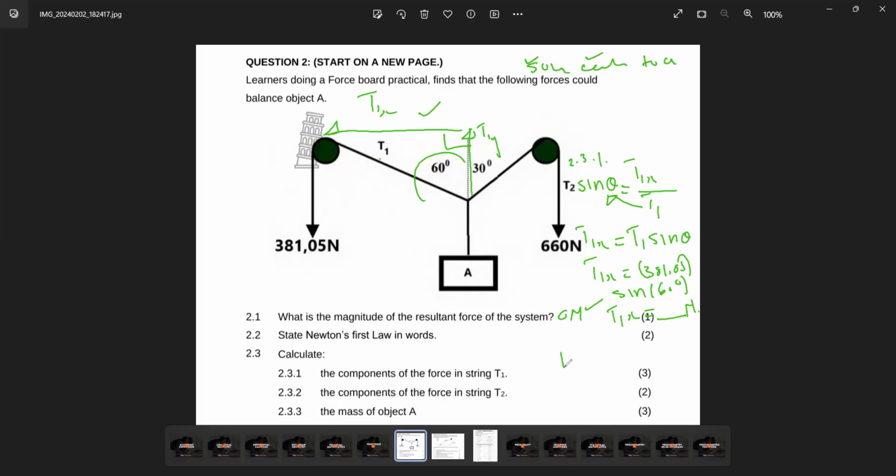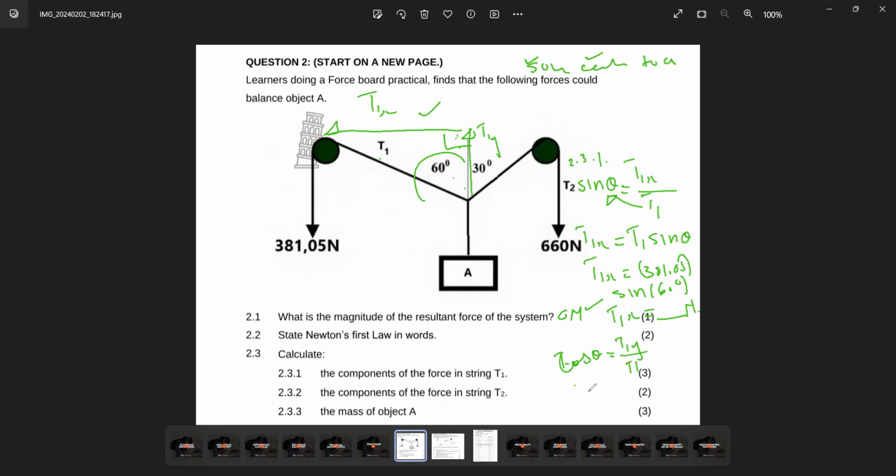Then cos theta. Remember, components are sine and cos. That's the only thing that you need. Cos theta equals adjacent, T1y, because this is between the angle and the 90 degrees, divided by T1.